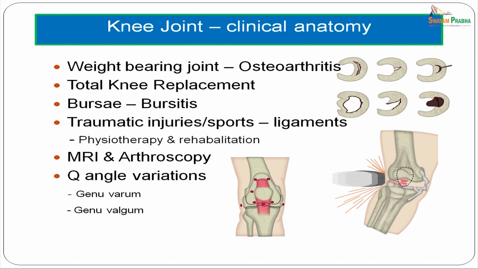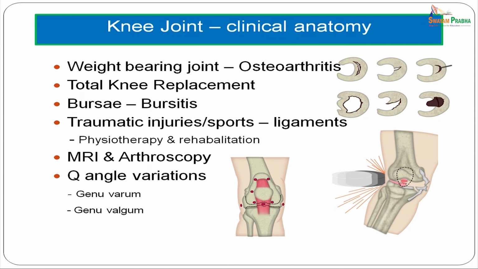The knee joint is intrinsically an unstable joint, and it is supported by a large number of ligaments which are both intrinsic as well as extrinsic. Violent injuries as sustained during sports and motor vehicle accidents cause destruction of these ligaments, and repair of these ligaments involves a substantial amount of physiotherapy and rehabilitation.